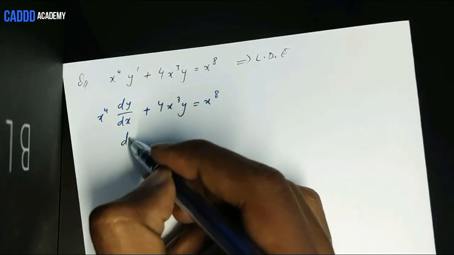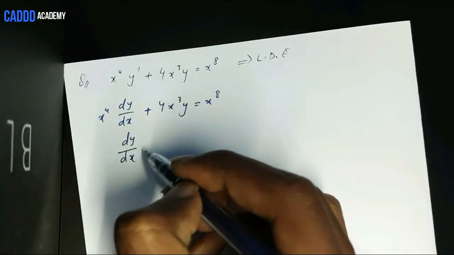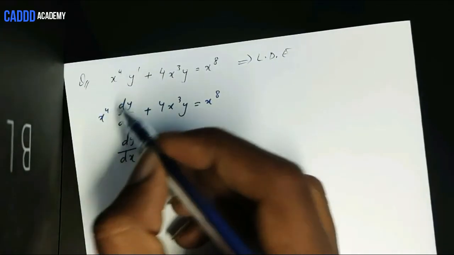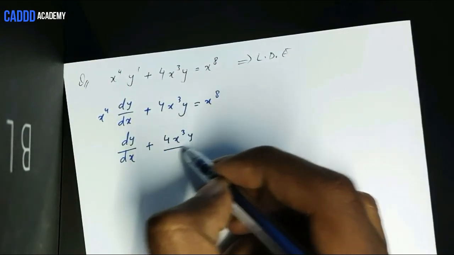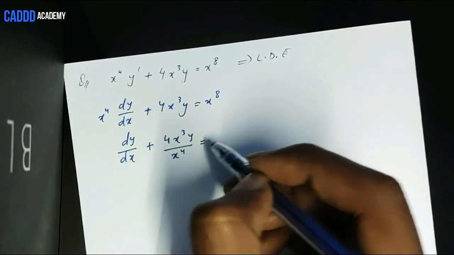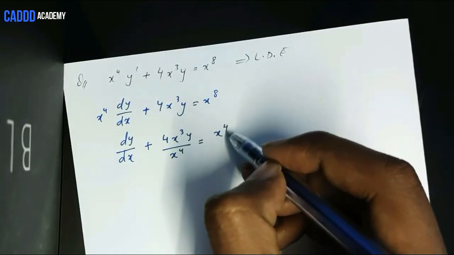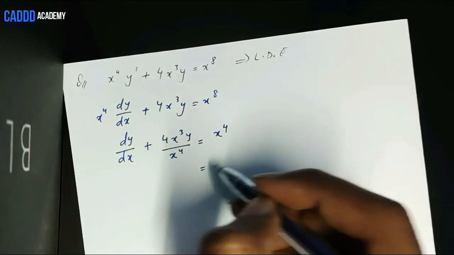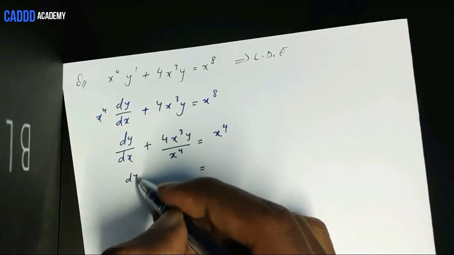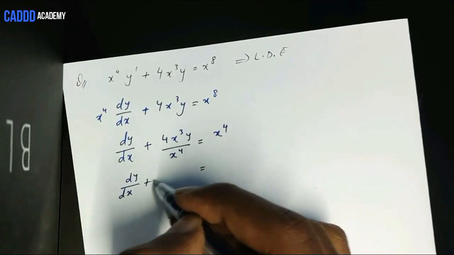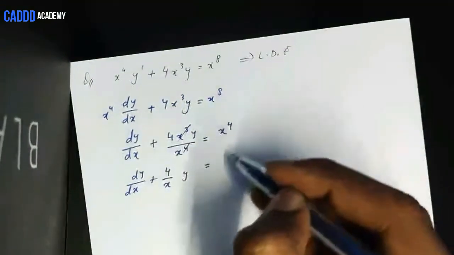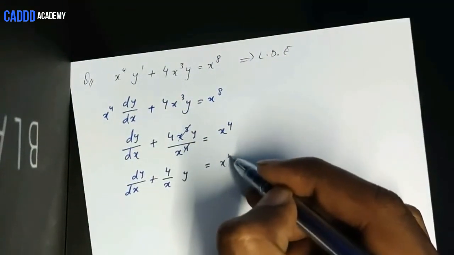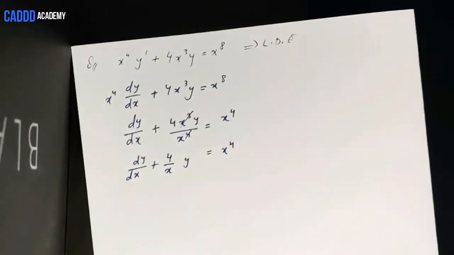Okay, so dividing the whole equation by x to the power 4, we have dy by dx plus 4 by x y, okay, cancelled, and here we have x to the power 4. So this is the equation.